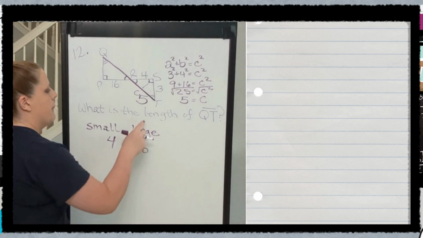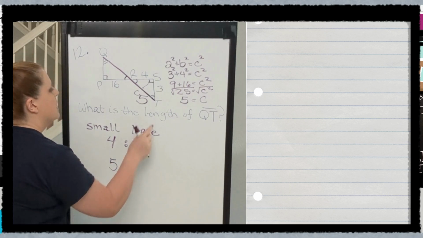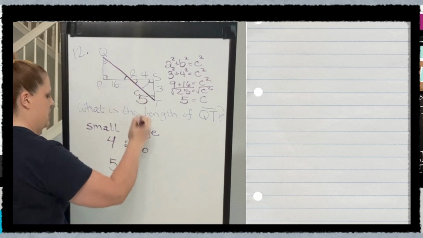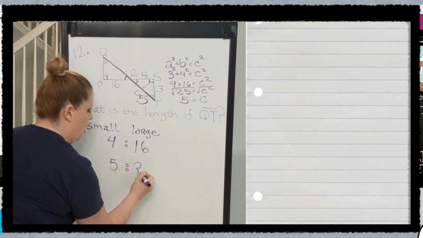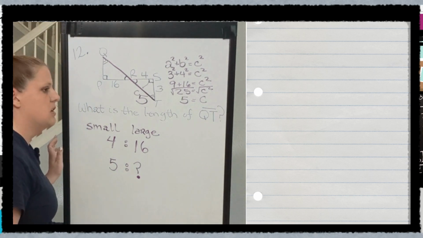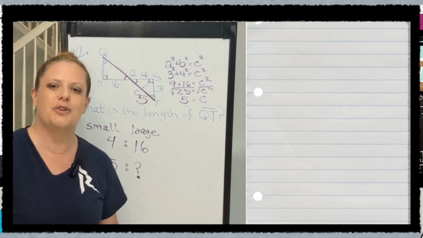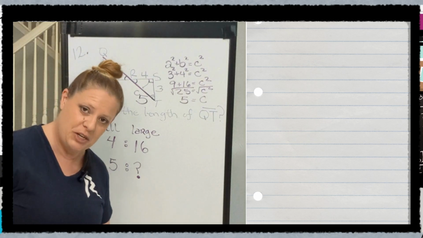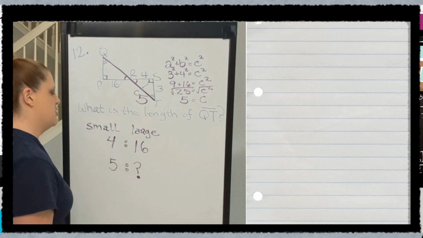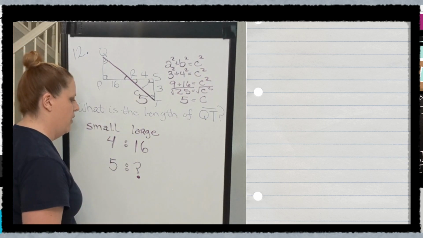Comparing again, my hypotenuse is a 5 compared to the hypotenuse here, which we don't know. Now, you could call it CX question mark. You could call it QR, which would probably be the most proper way to do it. I'm going to put question mark. I would put C, but I don't want to get confused with the C we already found.